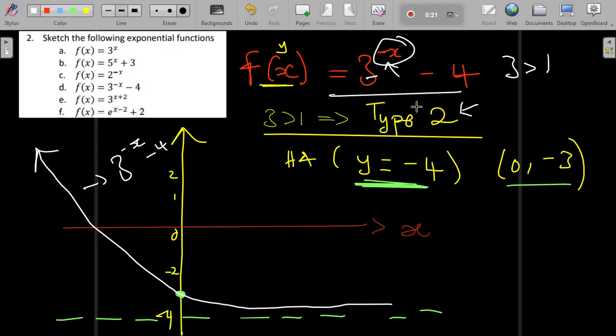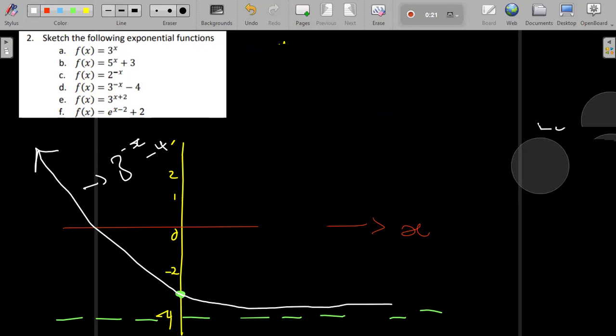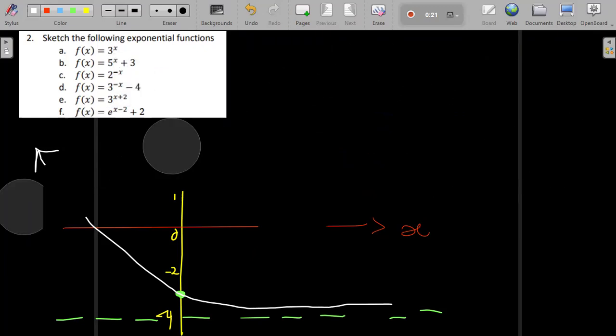Then we found our horizontal asymptote, which is just what is being added or subtracted, so y equals minus 4. From there, we found our y-intercept by letting x equal 0, and then we sketch. Now let's sketch E, and then also F. Then we'll be done with question 2.